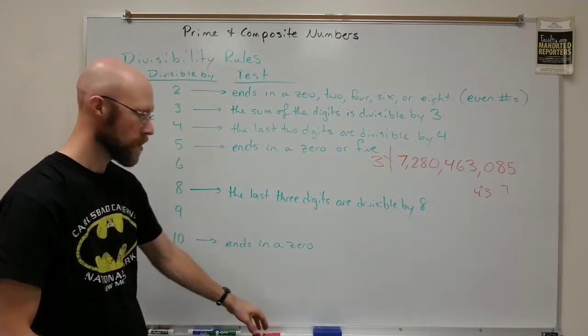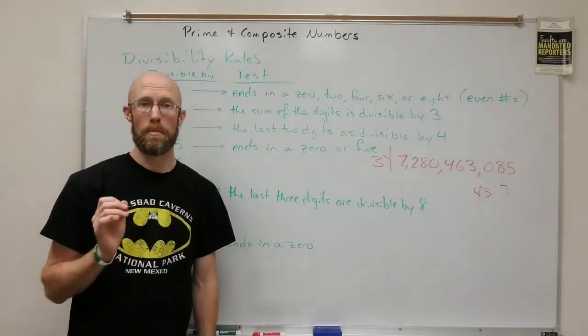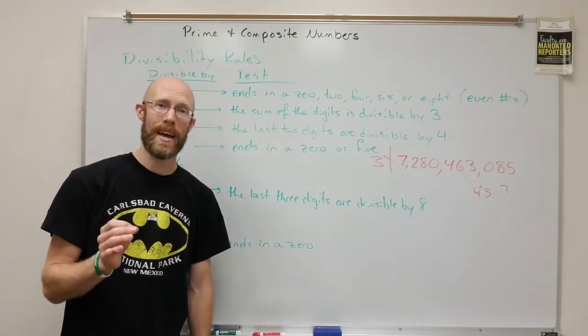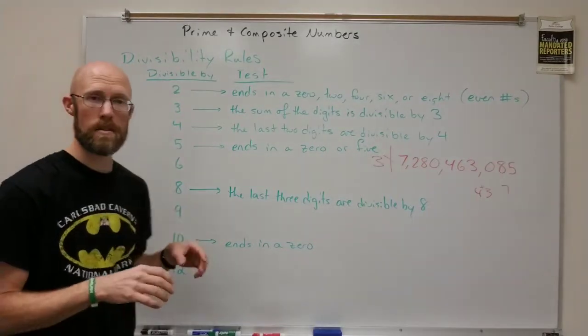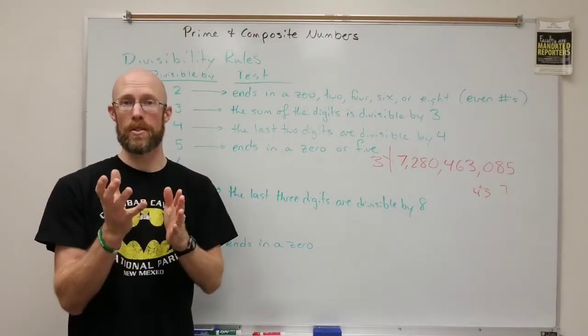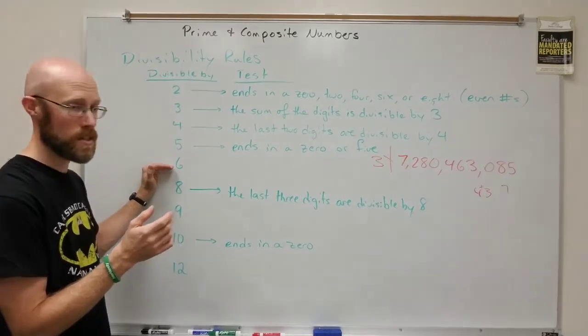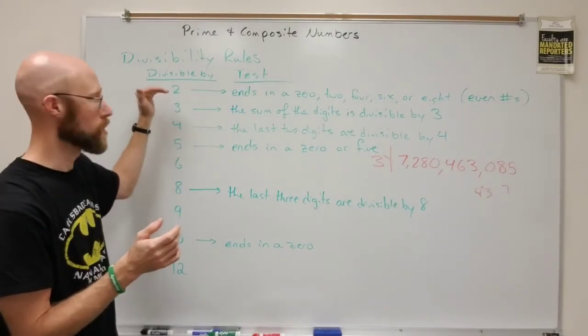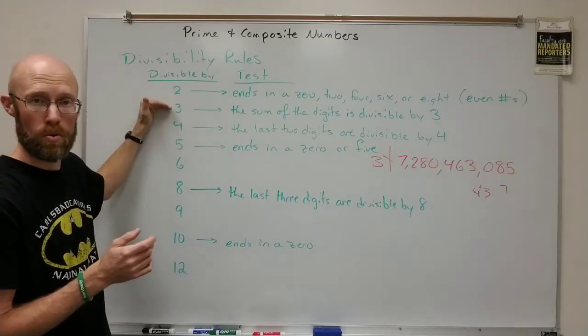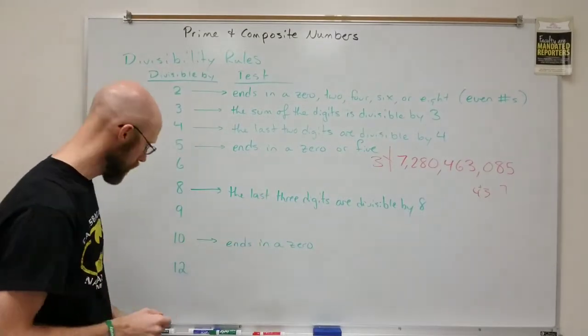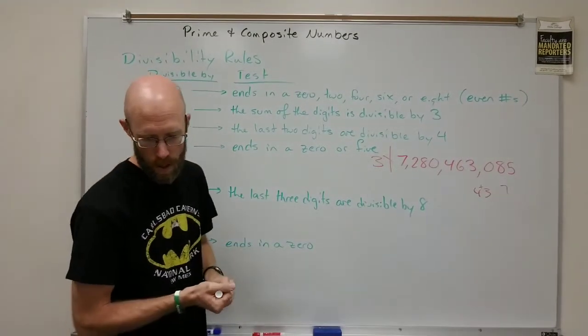The number 6 needs to be both divisible by 3 and even. Must be even, right? So 6 is the product of 2 and 3. So if 6 divides a number, then both 2 and 3 have to. So it's really a combination of these two rules in one.